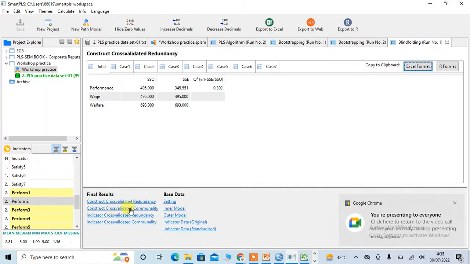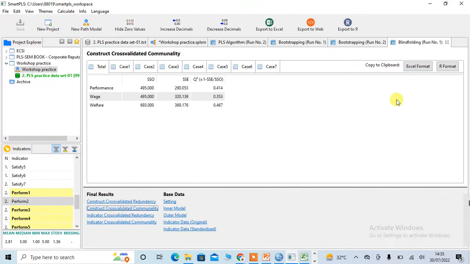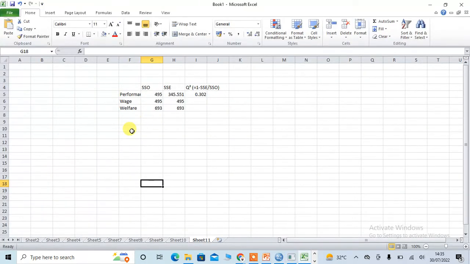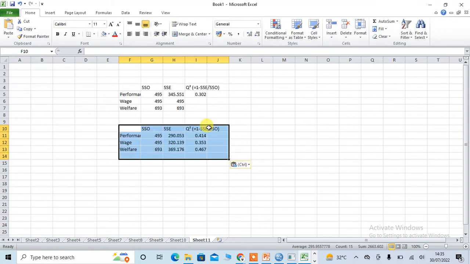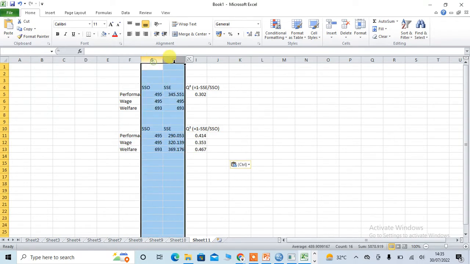Go to construct cross-validated communality and extract the results from here, CCR and CCC. So we just put the result of Q square.